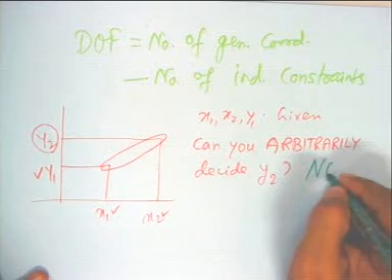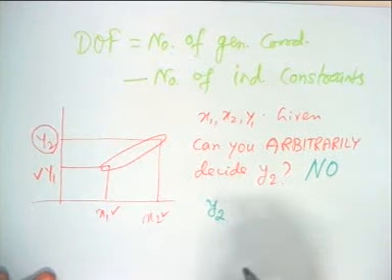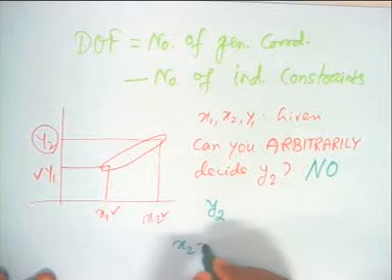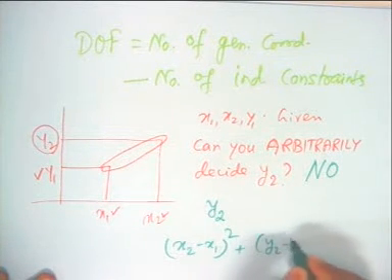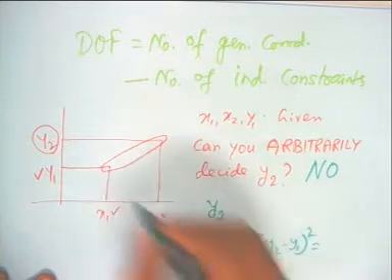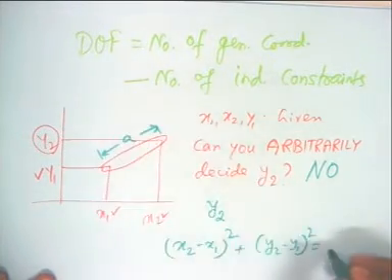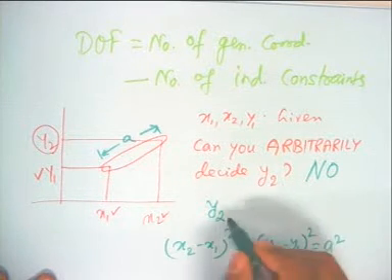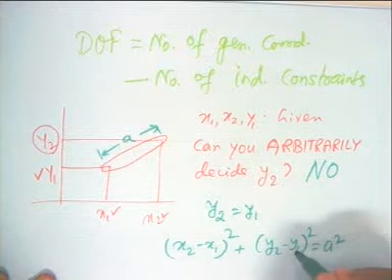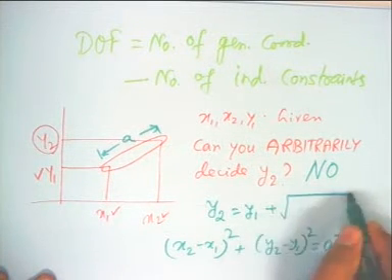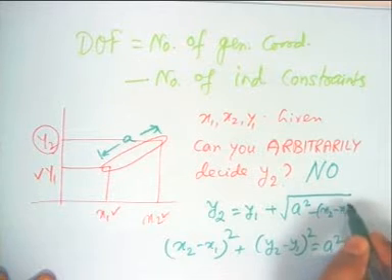No, because y2 can be calculated as follows: x2 minus x1 squared plus y2 minus y1 squared is the length squared. This has a length a, so it will be a squared. So, you can calculate y2 from here: y1 plus square root of a squared minus (x2 minus x1) squared.